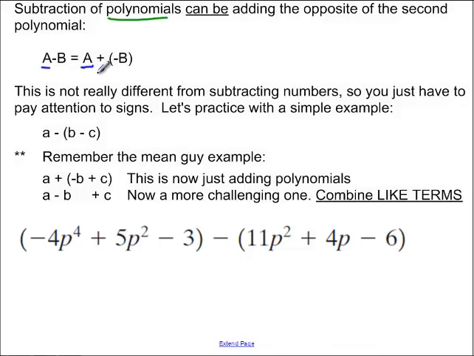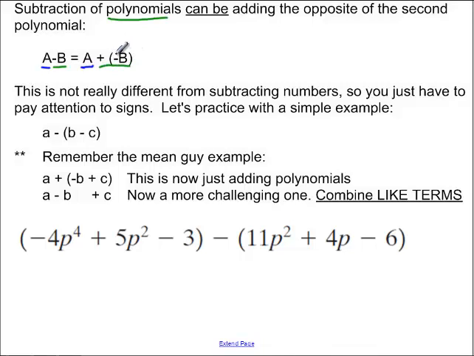It could be a monomial, binomial, trinomial, whatever we've got. We're subtracting B. The book describes subtracting B as adding the opposite. So subtracting B is the same thing as adding the opposite of B.